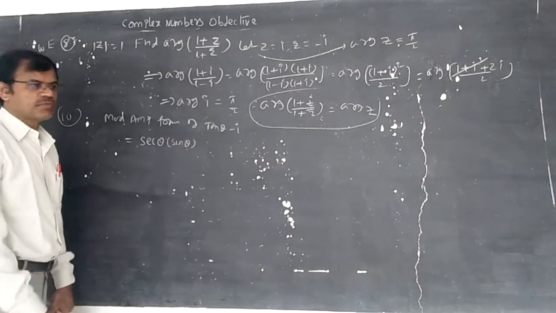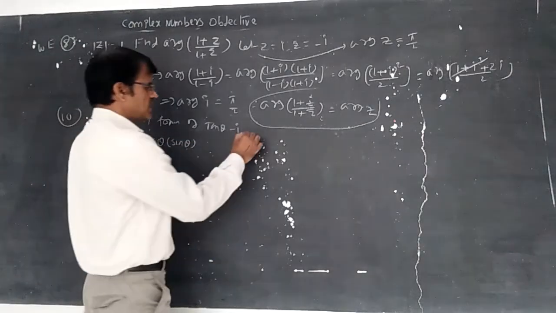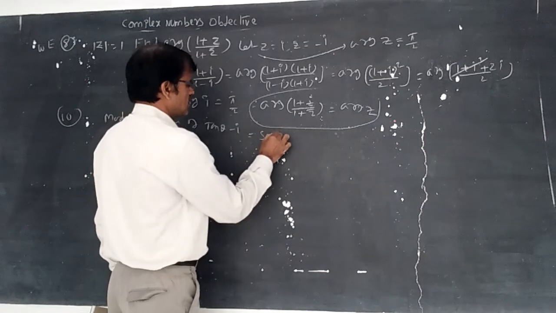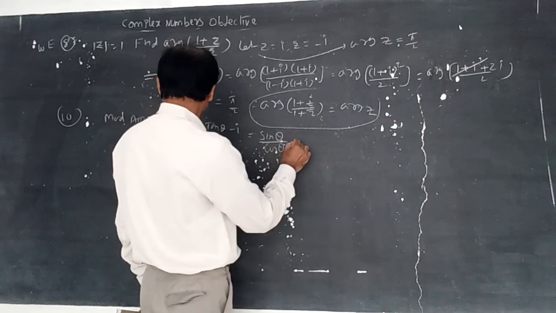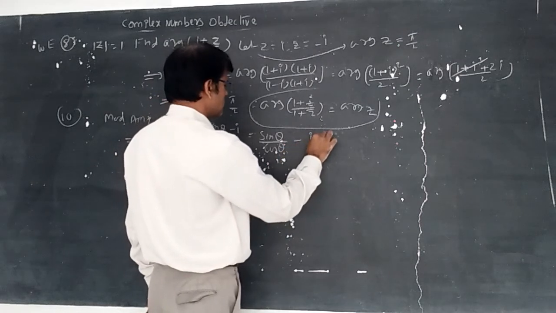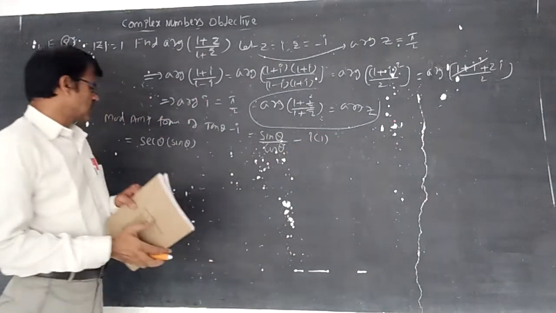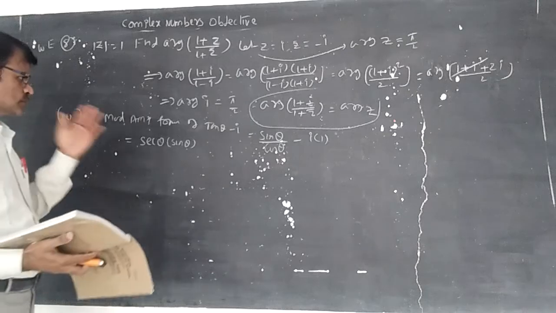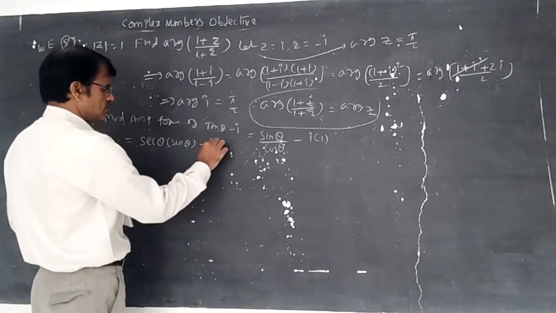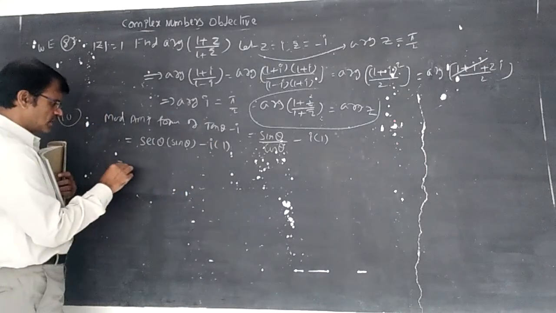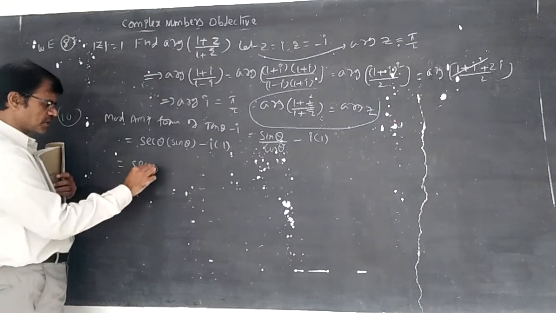Secant theta into sin theta, meaning of course sin theta by cos theta, we can write. Sin theta by cos theta minus i into 1. Sin theta by cos theta can be written as secant theta into sin theta minus i. Next, take secant theta common.